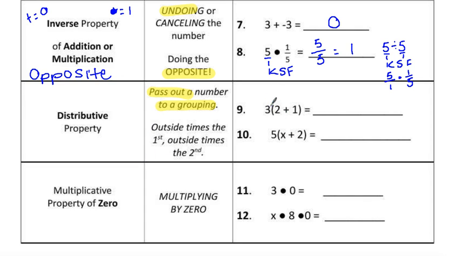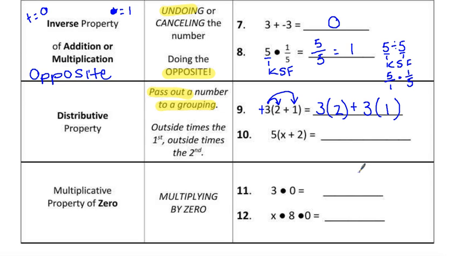So if we look at this problem, it's outside times the first number, outside times the second number. So we have outside times the first number, then I have the outside, and this is a positive 3, so we're going to put plus 3 times the second number. Outside times the first number is a 2, outside times the second number is a positive 1, so it's a 1.